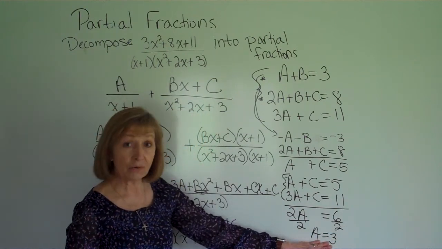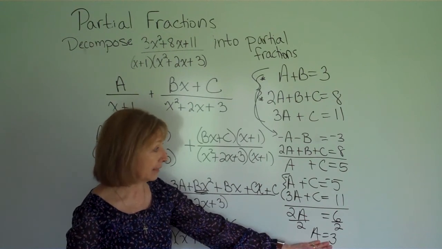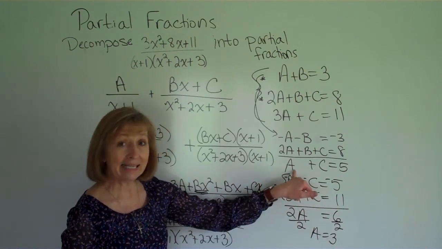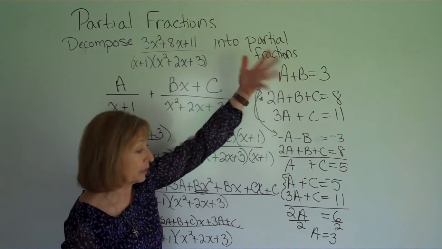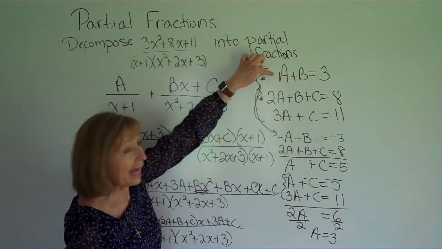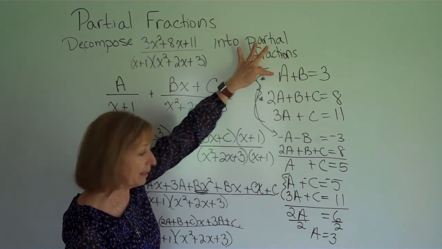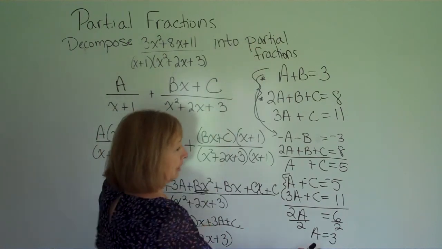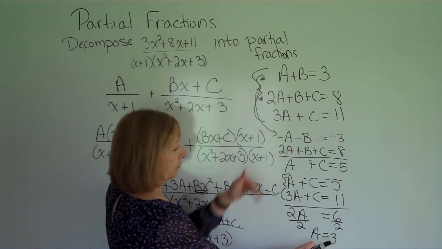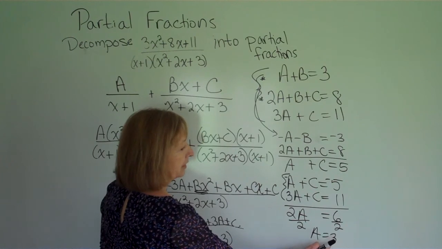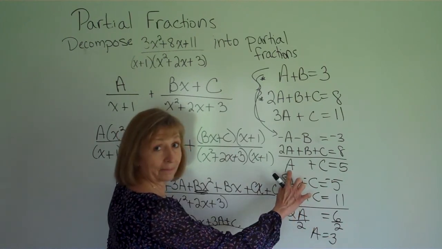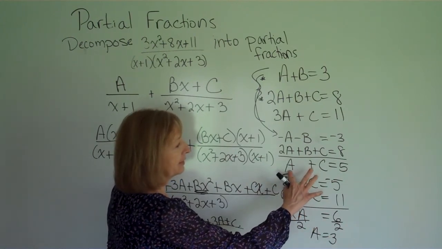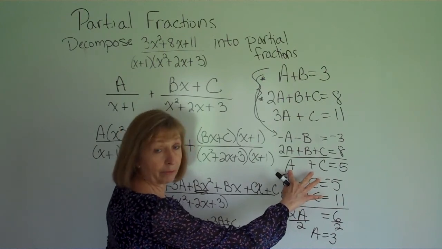And now once I know that a is equal to 3, I can put the a in any of the equations and find the remaining values. Actually, I should take it to one of these intermediate ones. So since a is equal to 3, then 3 plus c is 5. Subtract the 3 from both sides.